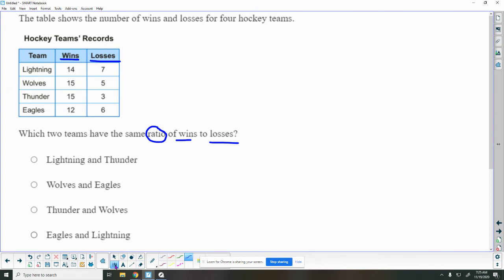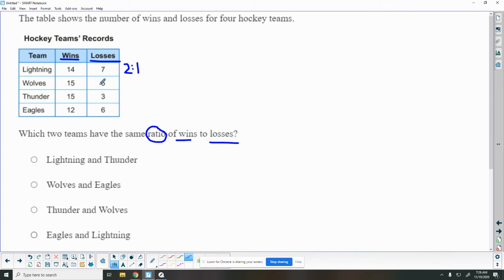So we can either go through and look and see. We can also try simplifying. So let's try simplifying. So what goes into 14 and 7? Well, 7 goes into both of those. So 14 divided by 7 is 2, and 7 divided by 7 is 1. So we're looking for another team that has, every time they win 2 games, they lost 1 game.